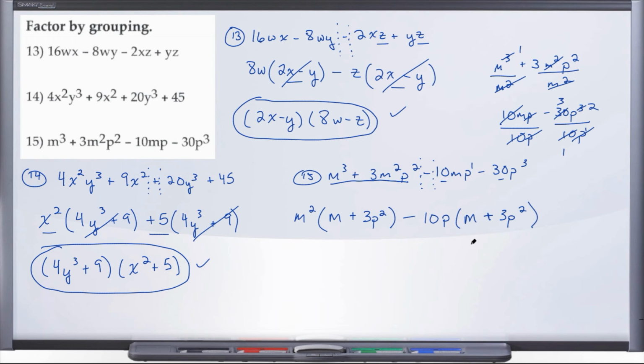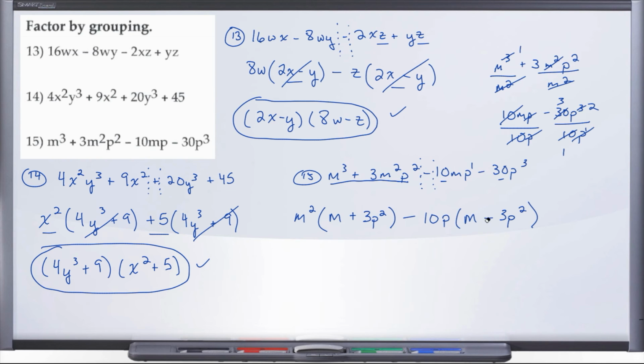All right, and if you went ahead and did that like I was about to do, and you got a minus here because the minus was originally in the original expression, you would see right away that these sets of parentheses don't match, and that is a clue that you've got to go back and double check yourself. And so we would have done negative 10p times negative 3p squared gives us positive 30p cubed.